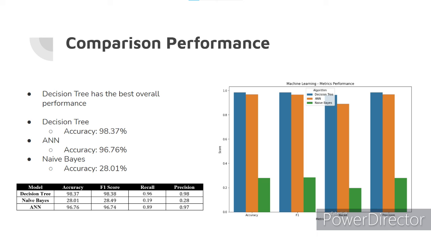The F1 scores of the decision tree model, ANN model, and naive Bayes are 98.41%, 96.76%, and 24.49% respectively. This shows that overall the performance of the decision tree is the best of all the 3 algorithms.